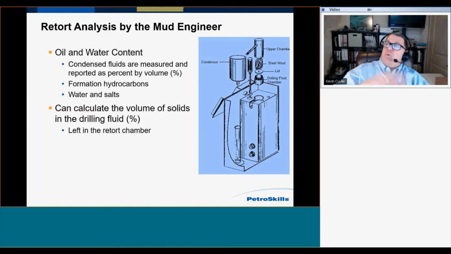Your mud engineer will run this, and the fluid sample is cooked off. It is burned into a gas, which is then condensed back as a liquid into your retort receiver tube, and we can calculate the different types of fluids that exist in that mud, whether it be water or whether it be a type of oil that is in that mud, and what those percents are by volume.